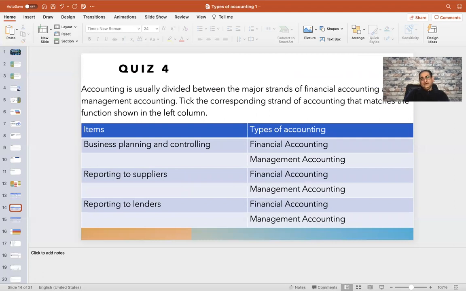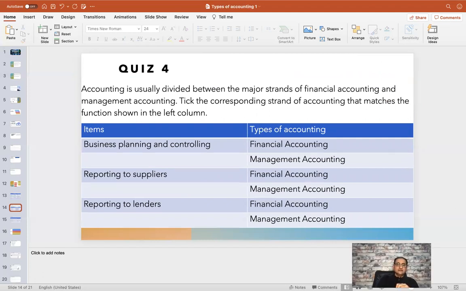Okay, now there is another quiz. Accounting is usually divided between the major strands of financial accounting and management accounting. Tick the corresponding strand of accounting that matches the function shown in the left column.